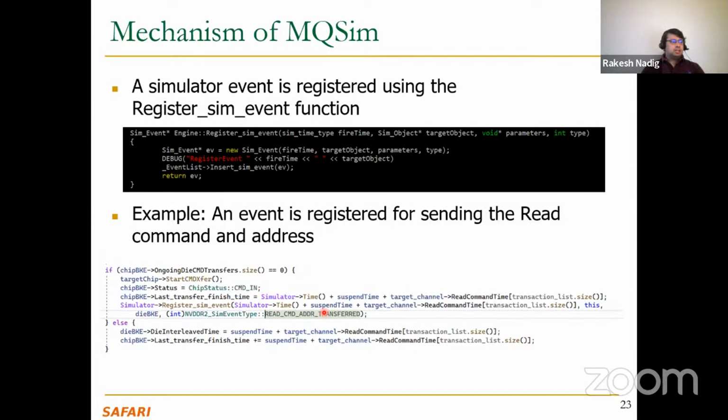So this gives an idea of the key functions that need to be invoked in MQSim, how we initialize this engine, how we start the simulation, and how we register an event. Tomorrow, if we are adding a new component into MQSim, we need to stick to these interfaces and use register sim event to add an event.